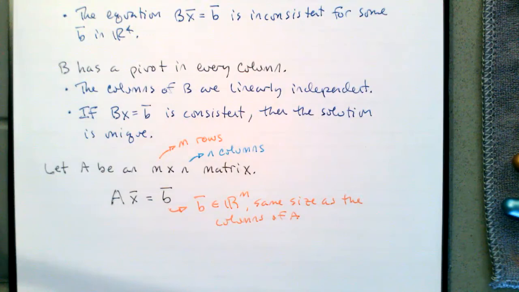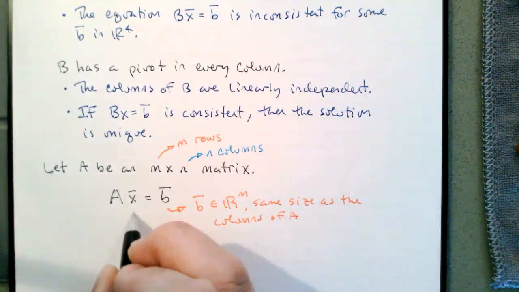But X will come from R^N, because to make the product AX defined, we have to have an entry in X for every column of A. So X is going to be in R^N.